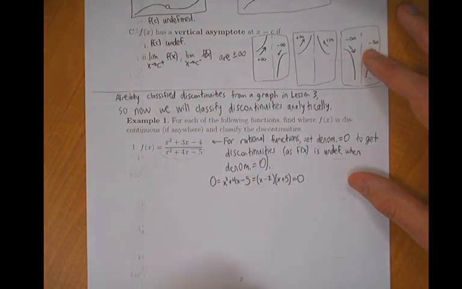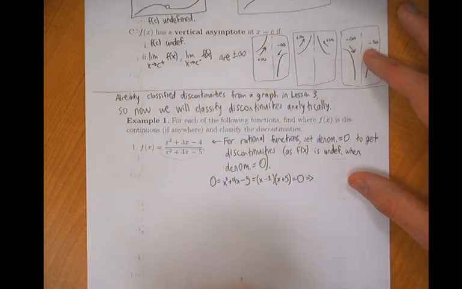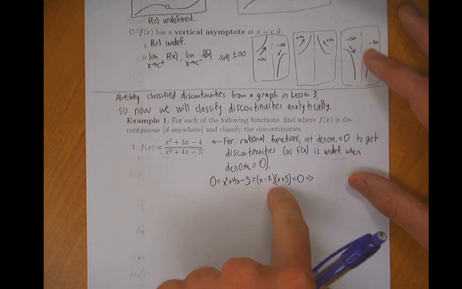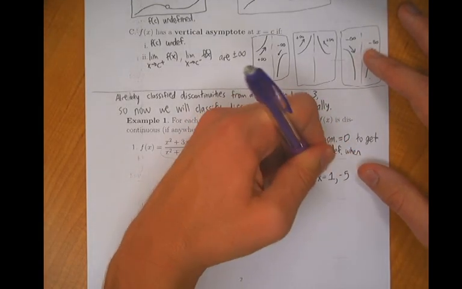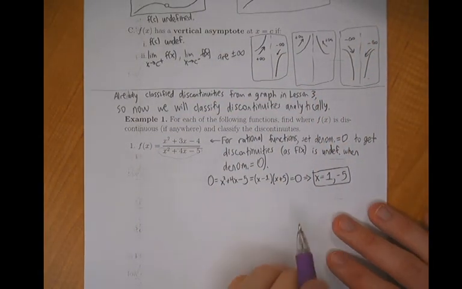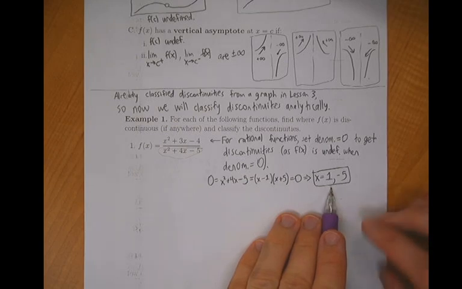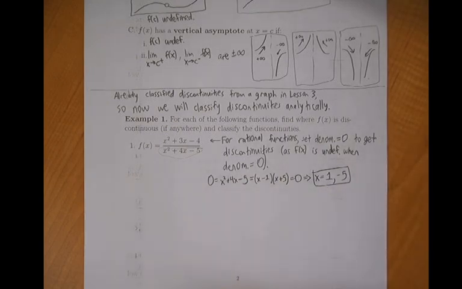Okay? So if we set that equal to 0, then the two x values at which there are discontinuities are 1 and -5. So if you were just asked to give us where there are discontinuities, this would be your answer and you'd be done. Unfortunately, we're not quite done yet, because now we need to classify these discontinuities as well.